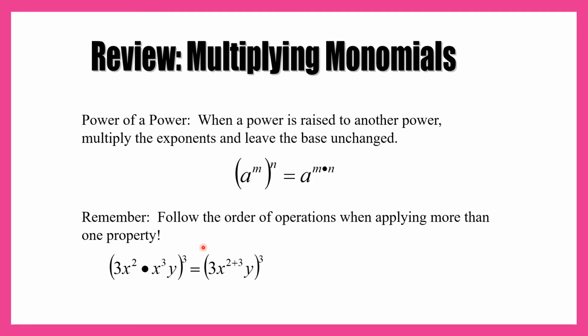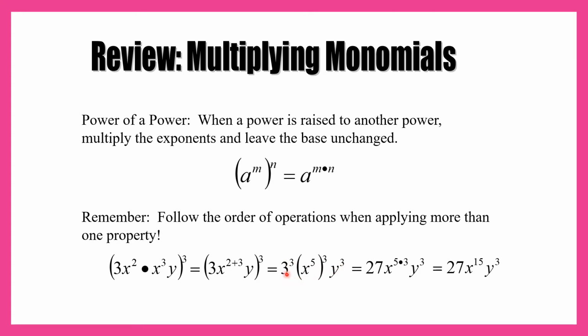So we have 3 squared times x cubed, y cubed, all raised to the third. This means we need to multiply this 3 times. So we have 3 cubed, then x raised to 5 cubed, since 2 plus 3 equals 5, y cubed.